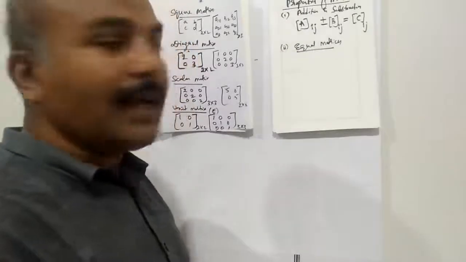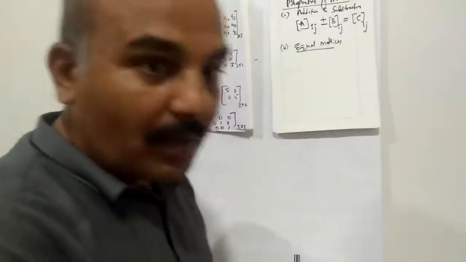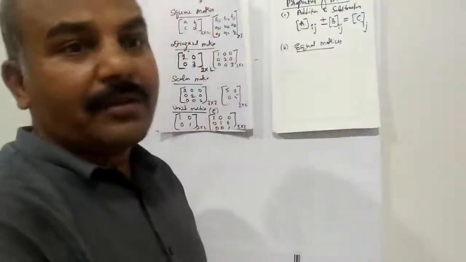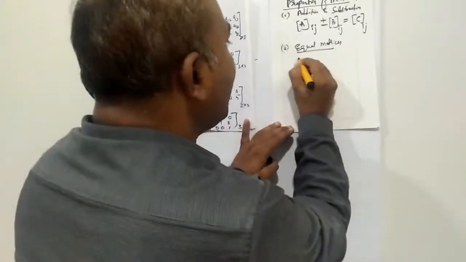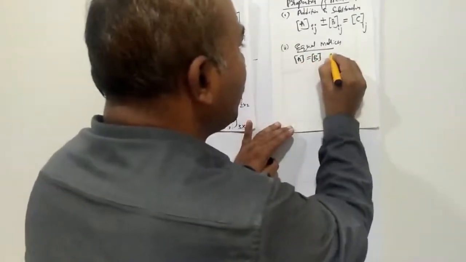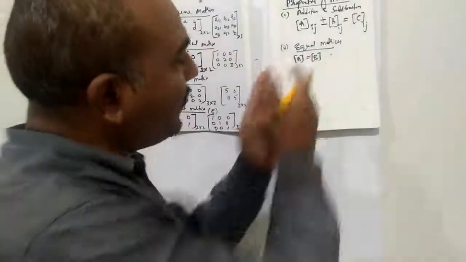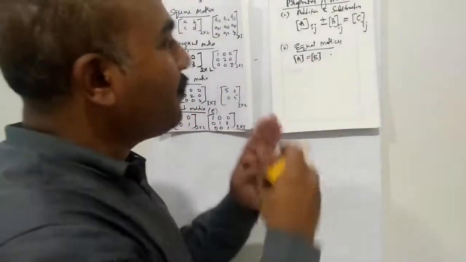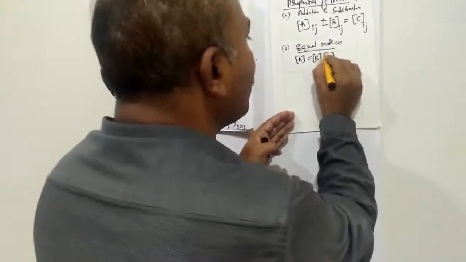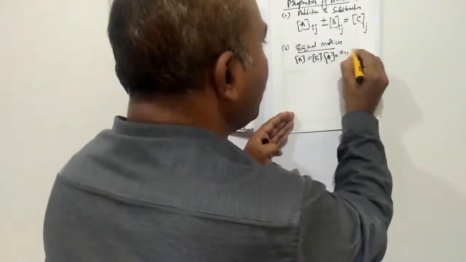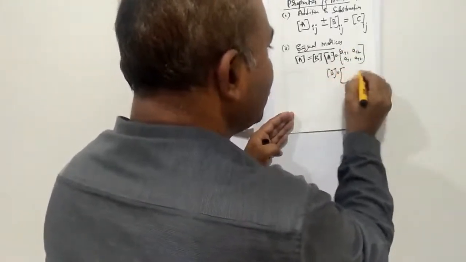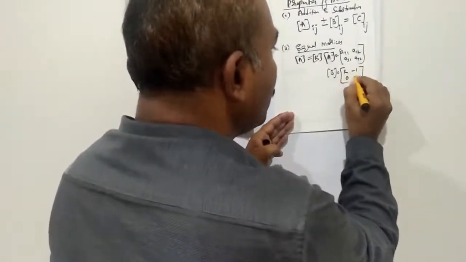Two matrices A and B are said to be equal if and only if the elements of A are equal to the elements of B. If A is equal to B, the first condition is that they must be of the same order, then we can equate the elements of A with B. For example, A is the matrix A11, A12, A21, A22, and B is the matrix 2, minus 1, 0, 3.